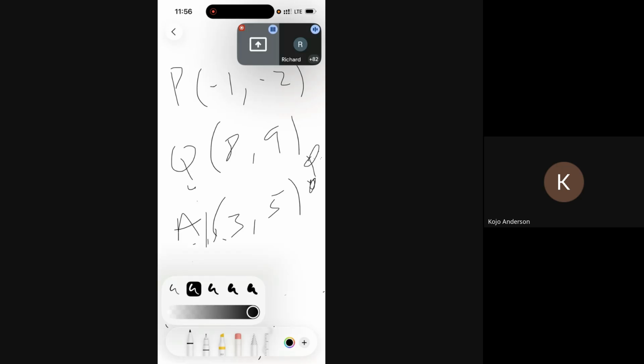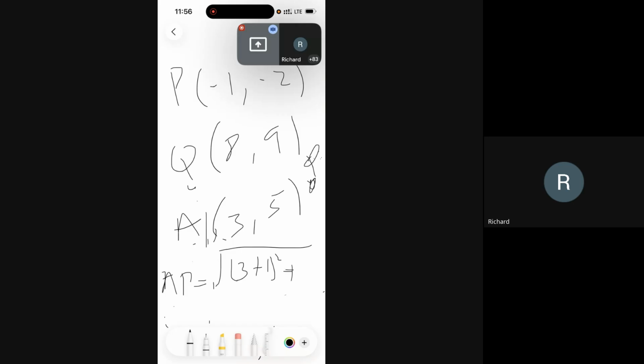So let's first of all find AP. We know AP from the formula is the square root of, so I can pick my x2 to be 3. So I have 3 minus -1, which is 4, squared is 16.